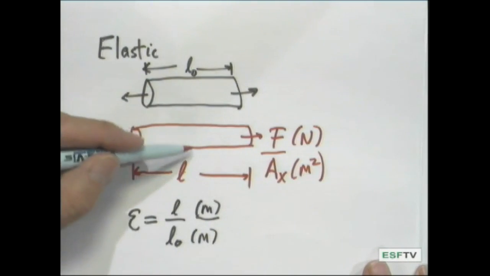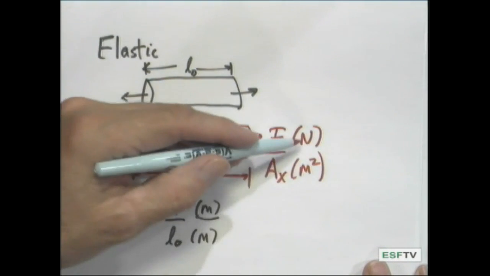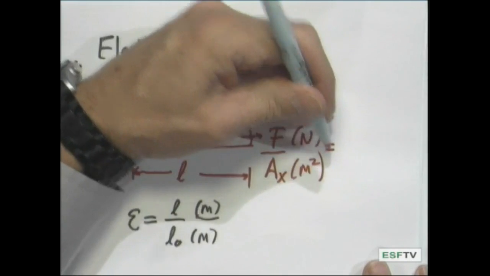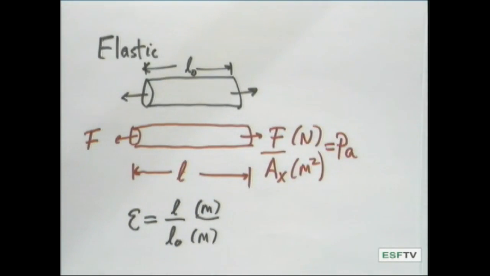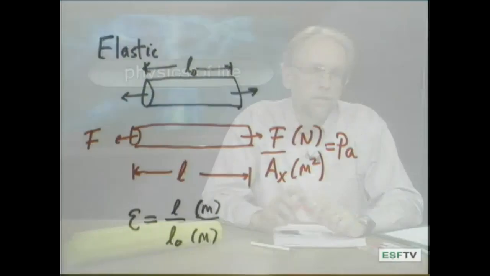And so the forces acting on this object are actually the force over the area, and this has units of pressure. That is, in SI units, this ratio of force over area is actually a pressure with units of pascals. And this force acting across an area is the formal definition of stress.